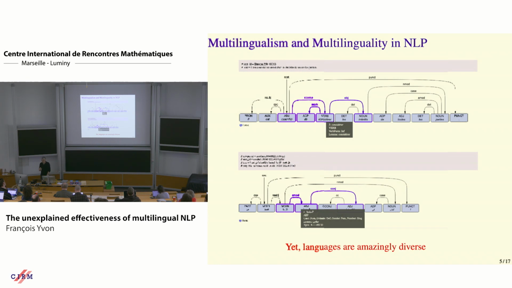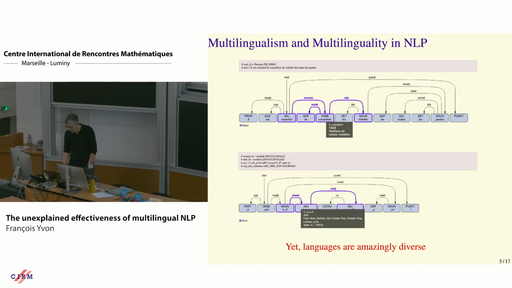So you would typically find the verb in the middle position of the sentence. And the bottom part is an Arabic sentence, where typically you would find the verb at the initial position, then the subject, then the object. And we know that there are such variations across the world's languages. There are also variations that relate to the structure of words themselves that seem to make languages incredibly different.